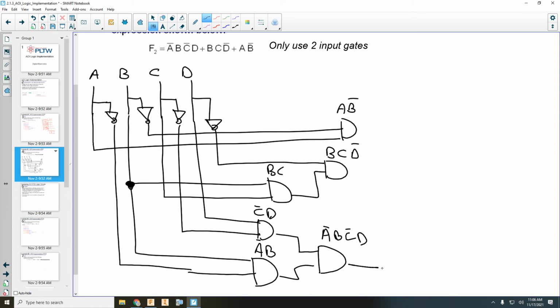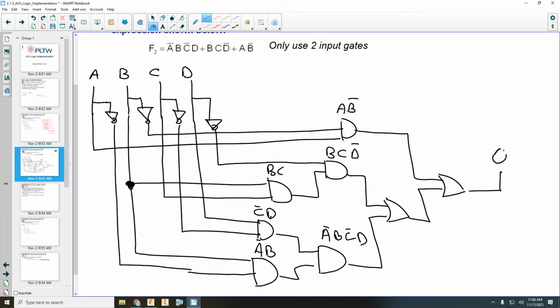We got to OR all of those together. So that means we're going to have to OR two together at a time and bring the rest together. So final circuit would look something like that. And of course, that's going to have to go to a probe or something so we can figure out if it works.